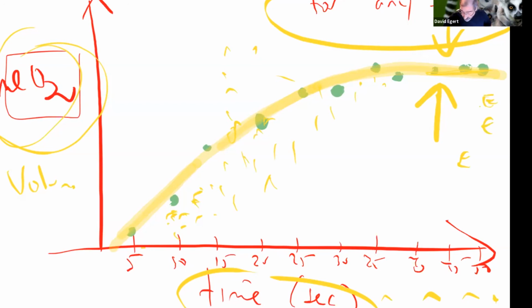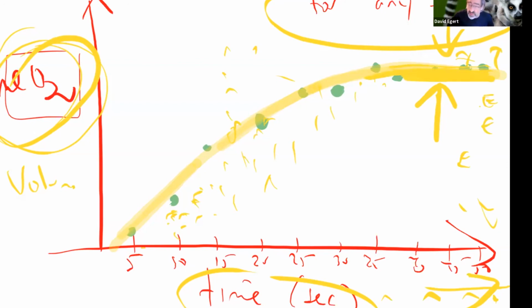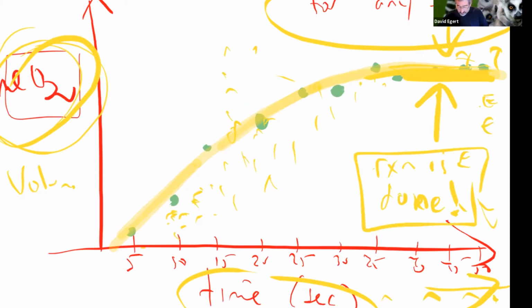So you can wait till the cows come home and there's not going to be any more change in oxygen level because there's no more hydrogen peroxide to break down. So this is nothing to do with saturation. The reaction is done. This is where people get confused because it looks really similar in terms of the shape.